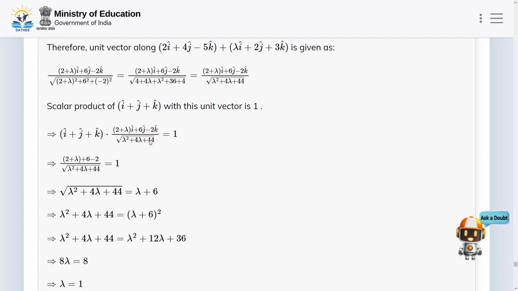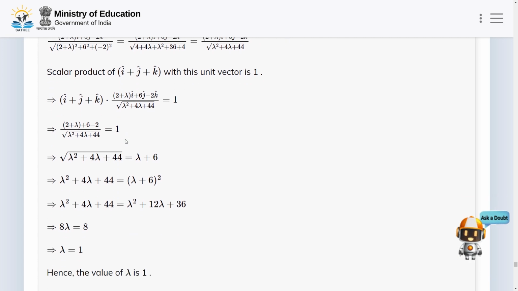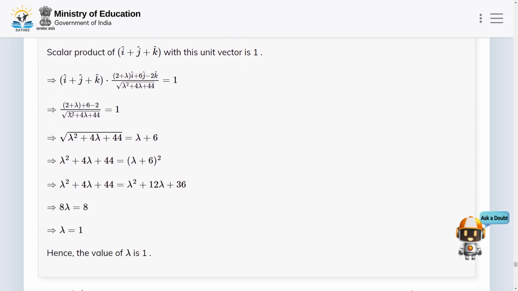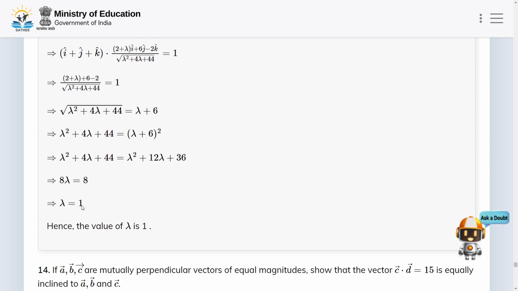So mathematically, the i plus j plus k dot product with this vector gives you 1 as your output. Simplified, what you have is 2 plus lambda plus 6 minus 2 in the numerator, divided by the magnitude, is equal to 1. Simplify more, you will get 8 lambda is equal to 1. Hmm, this means lambda value will be just 1. I hope it is clear.